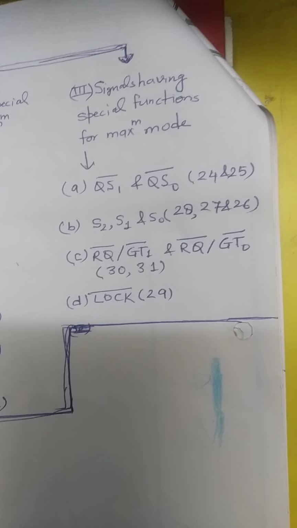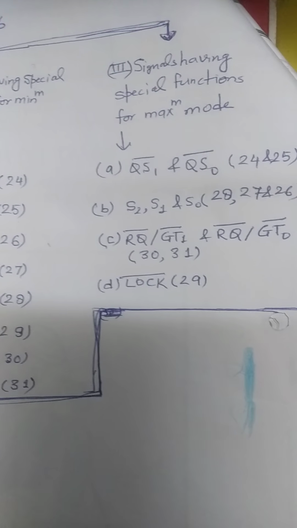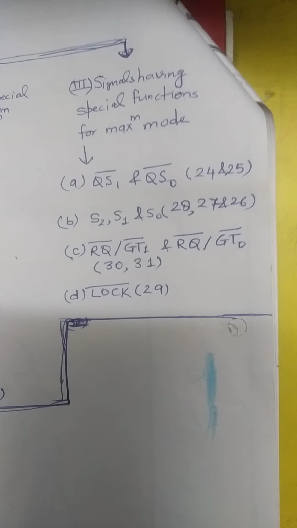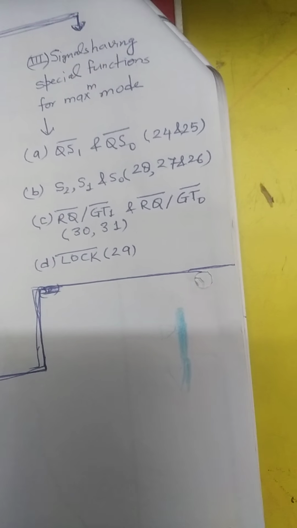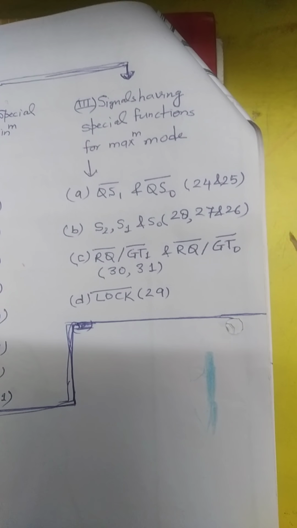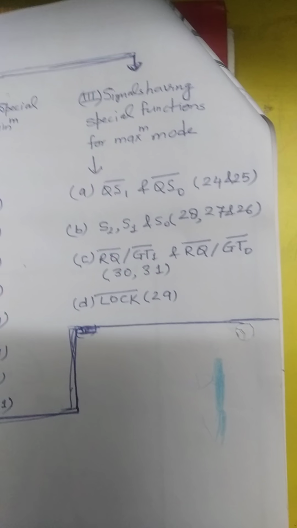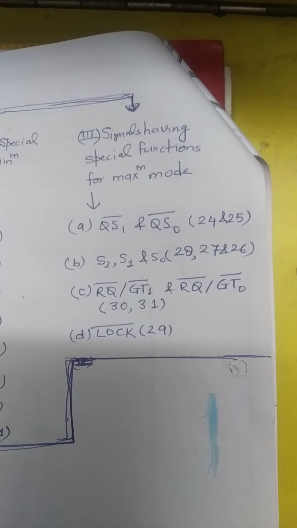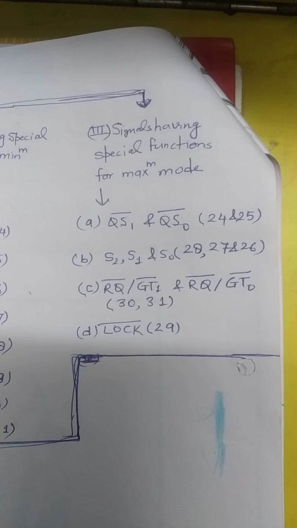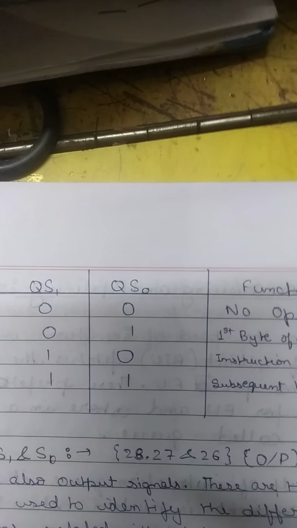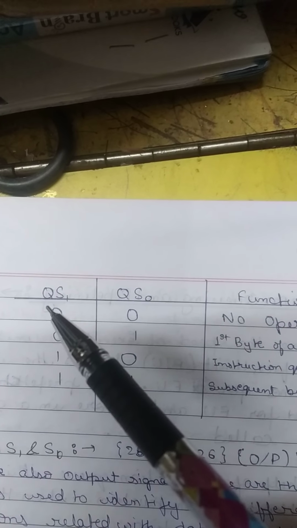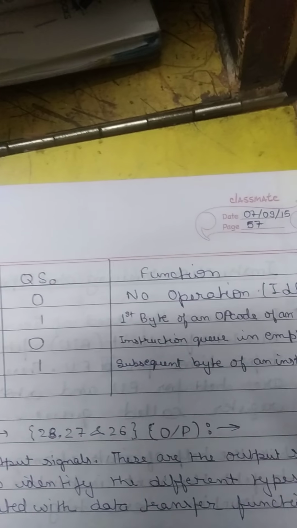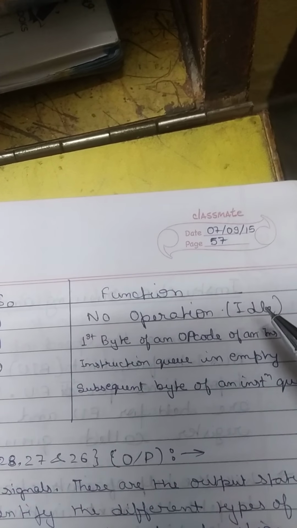These are active signals that can be used to show the operations performed by the instruction queue, and that operation will be dependent on the values of QS1 and QS0. This table shows the different operations performed by the instruction queue. When the signal on both the pins QS1 and QS0 is low, then no operation will be performed and the queue will be in idle state.